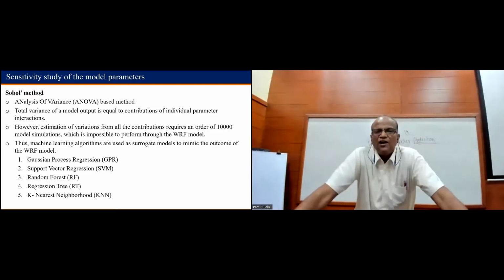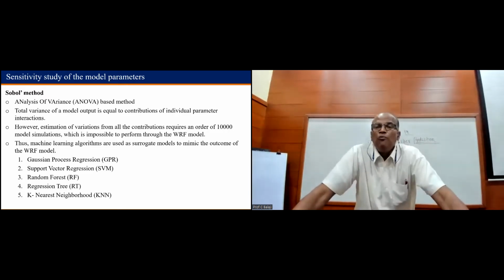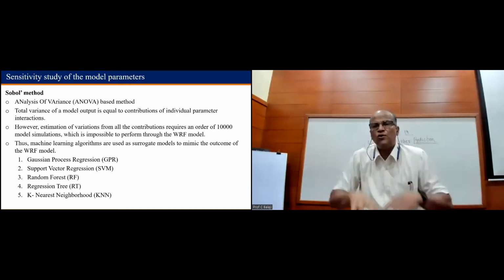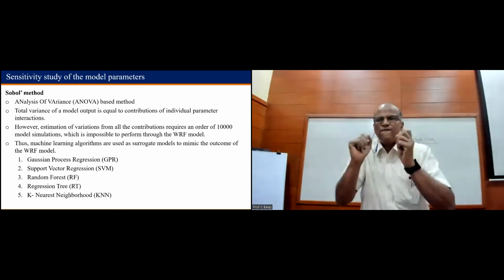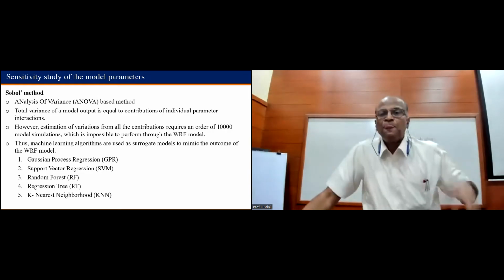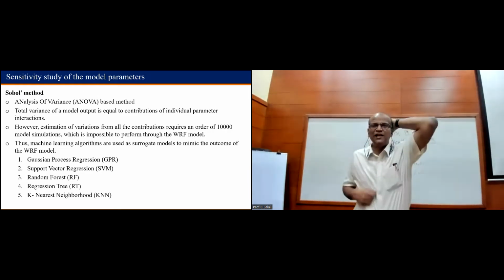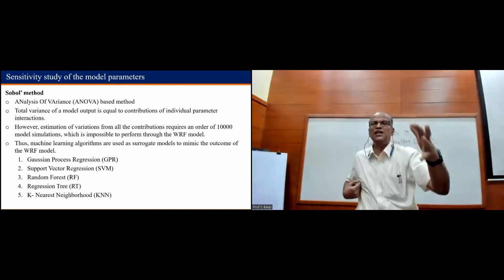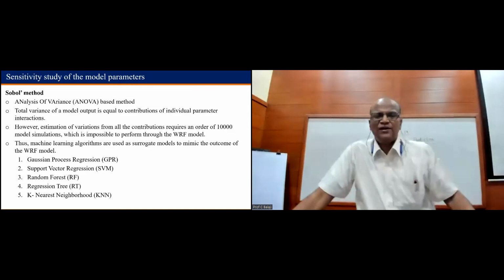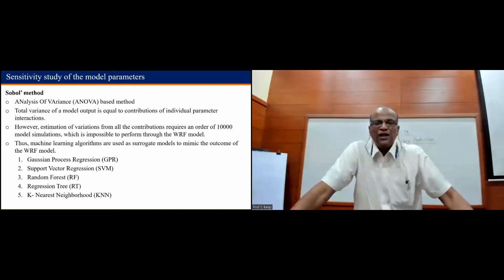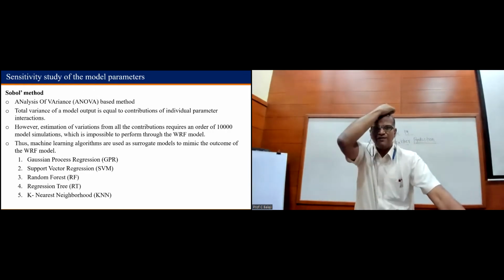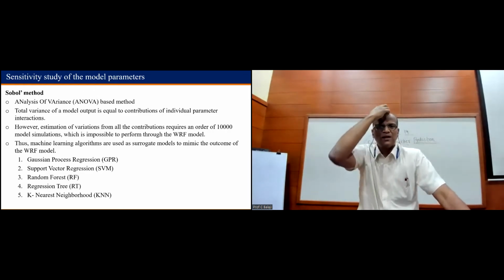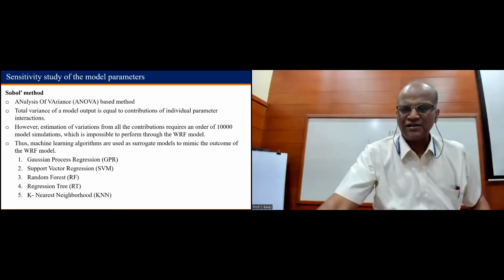The machine learning algorithms are used as surrogate models to mimic the outcome of the WRF model. So you do a limited number of full-fledged forward model physics simulations of the WRF, and then you develop a machine learning algorithm based on these: Gaussian process regression, support vector machine, random forest, regression tree, and k nearest neighbors.